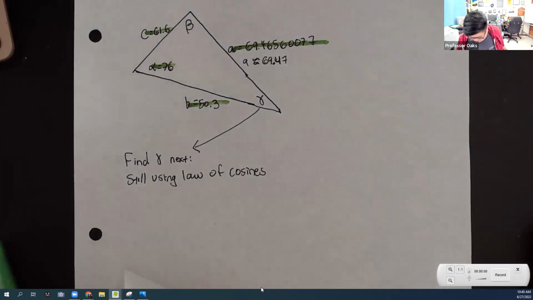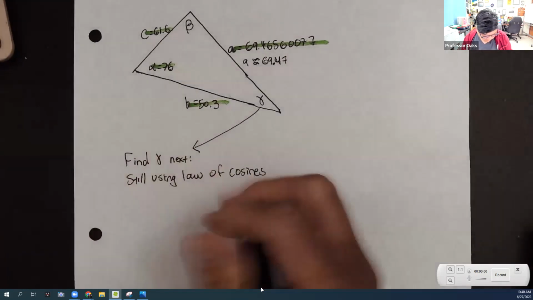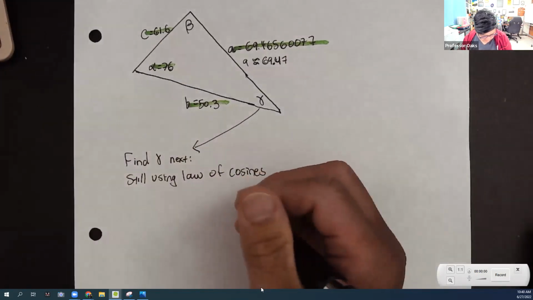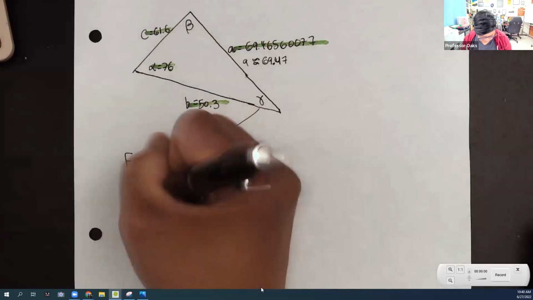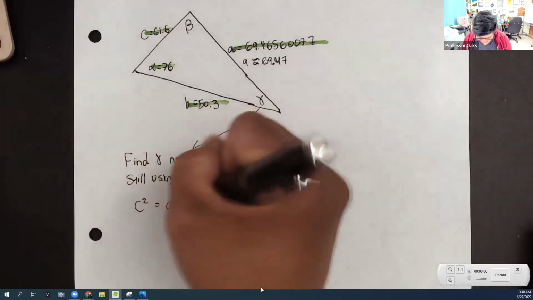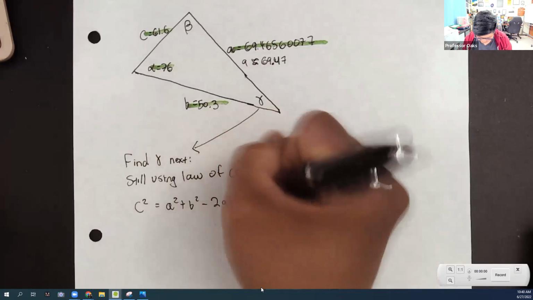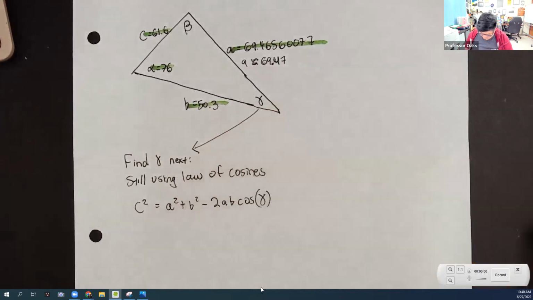And then the one with the gamma in it would be c squared is a squared plus b squared minus 2ab cosine of gamma.